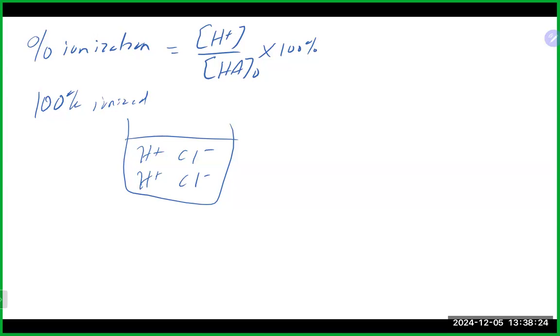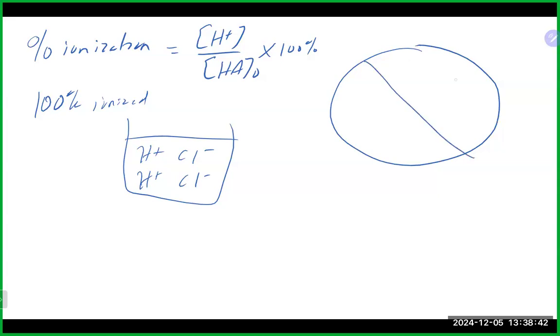Now, the percent ionization is dependent on the concentration of your acid. And that's why in some cases the assumption works, and in other cases the assumption does not work. And a reminder that if you have a large initial concentration, you might remember my pizza example. That's a wonderfully drawn non-topping pizza right there. So here, if we take out just one slice, we still have a pretty good amount of stuff left. It's not that big an amount of my pizza.